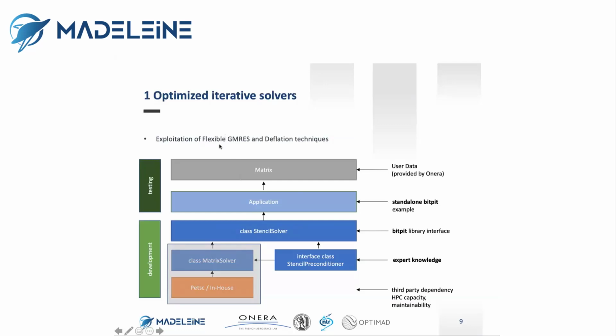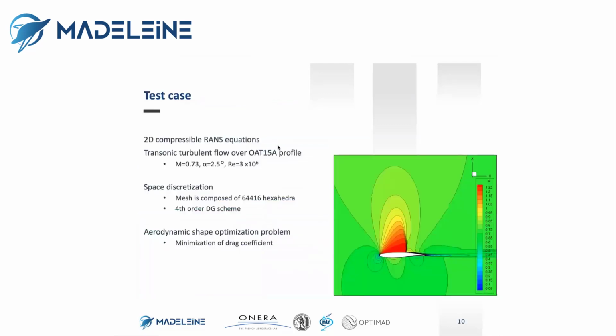And Onera enhanced it with the flexible version and with deflation techniques. These are technicalities that I will not present. I won't go into the details of these approaches because it is on a very deep technical level on linear algebra. But we'll see in a second the results of these improvements.